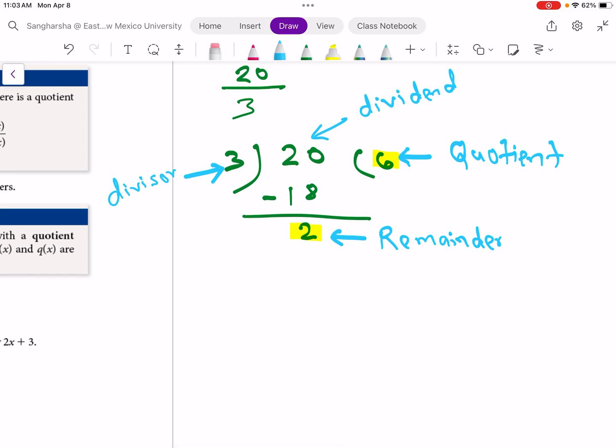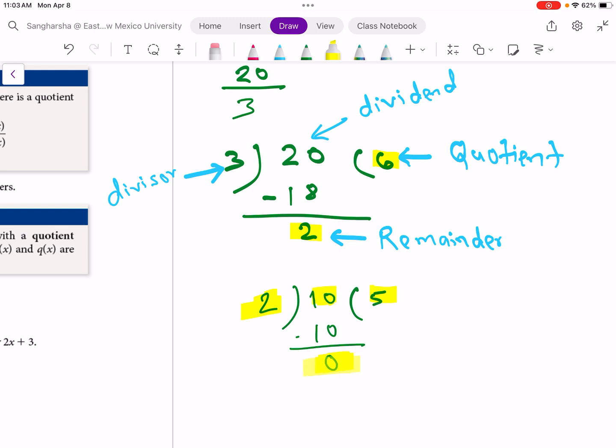If we are dividing 10 by 2, our quotient is 5, so 5 times 2 is 10. We have 0, so 0 is the remainder. So the remainder is 0, 5 is the quotient, 2 is the divisor, 10 is the dividend.